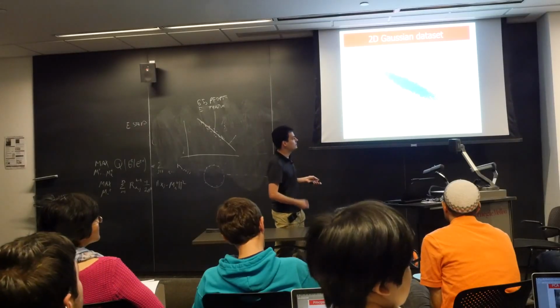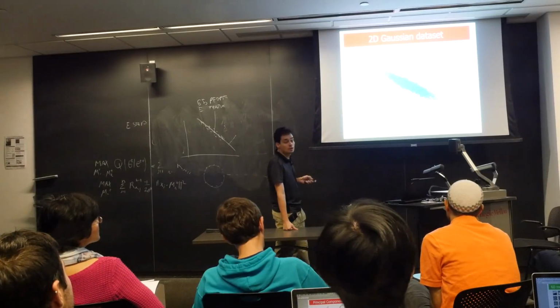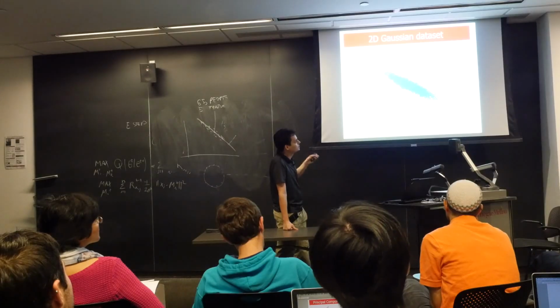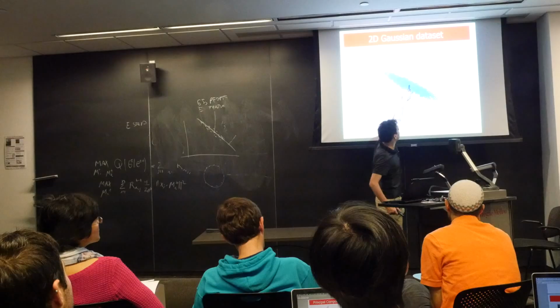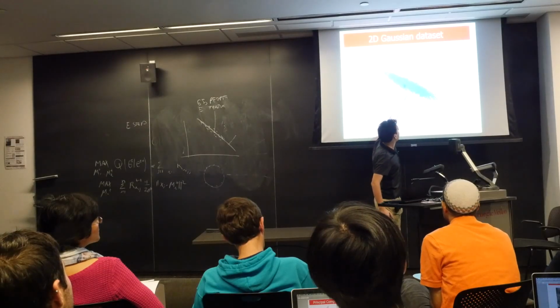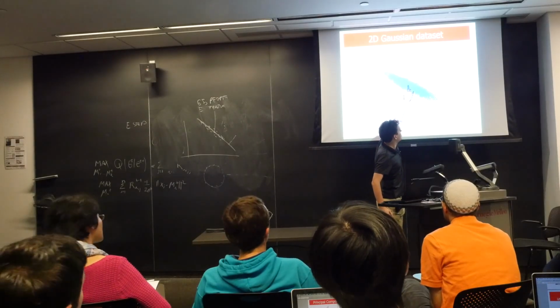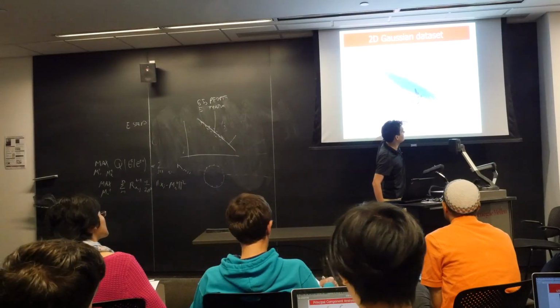Okay, so for example, I have this two-dimensional Gaussian data set. First question, what is that subspace? I already subtracted the mean, so this is the origin. What is that direction that maximizes the variance?